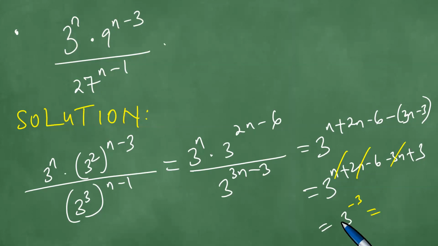So what's the answer? It's 3 to the power minus 3, which is 1/27, right?